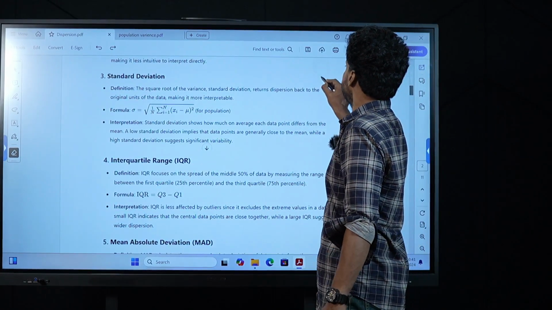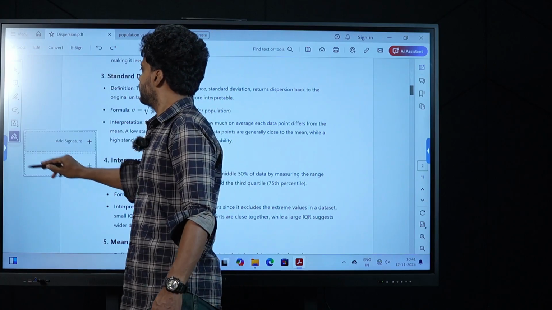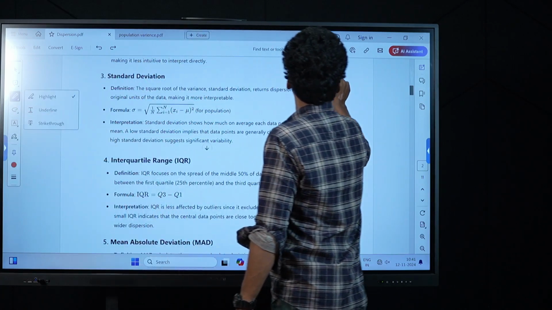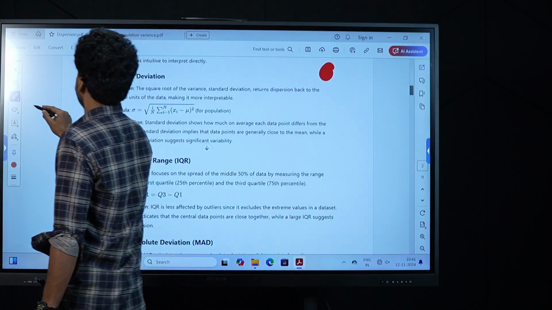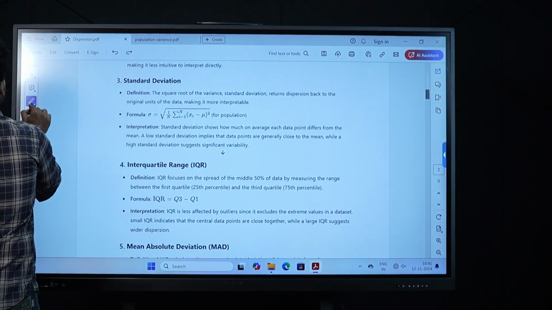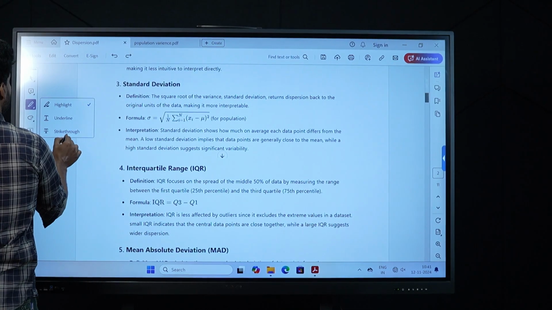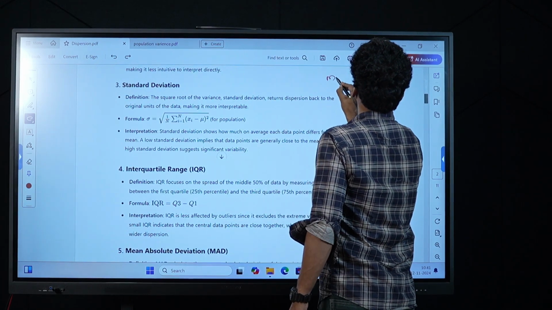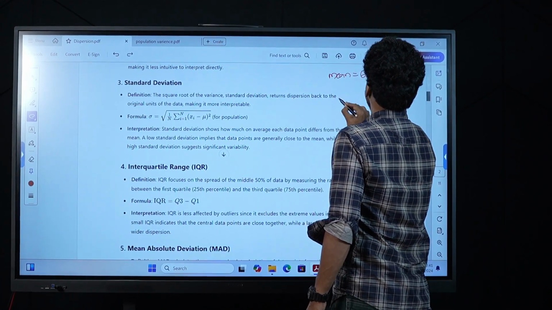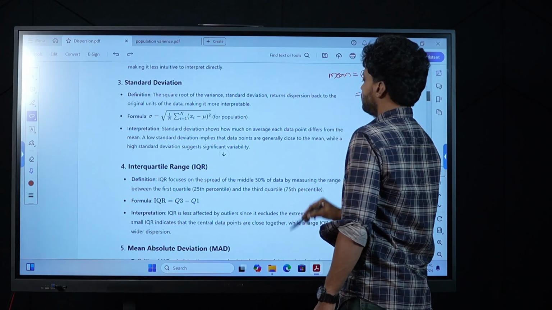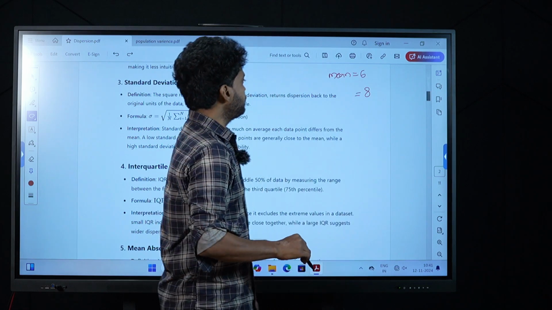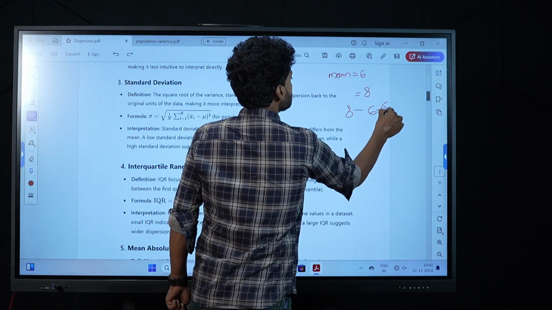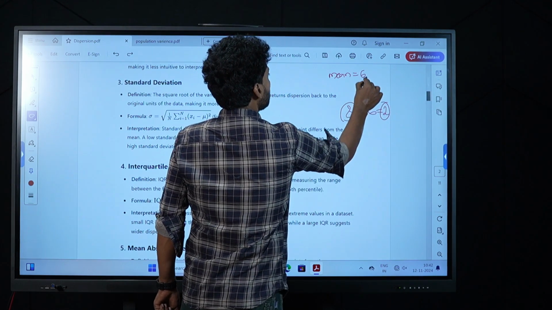Let us say the mean is equal to 6. One data point is 8. So you need to subtract the mean from 8. 8 minus 6 is equal to 2. Here this is a positive value because this point is on the right side of the mean.